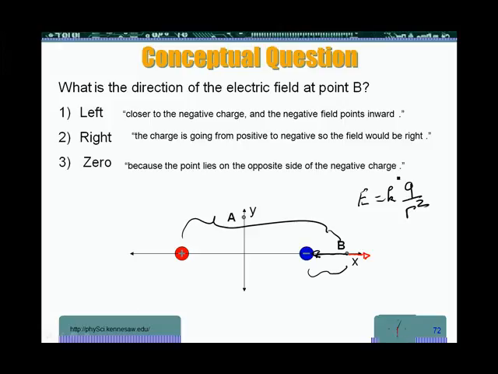Since I have a much larger R for the positive charge, the red one is much smaller than the black one in terms of electrical field. So the overall electrical field should point towards the negative charge, so it should point towards the left. And that's my correct answer.